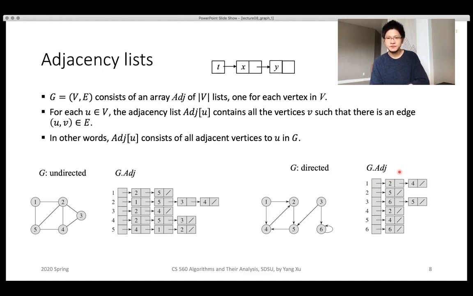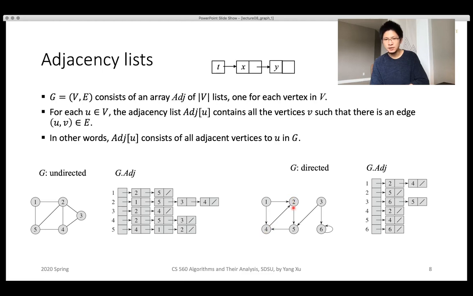But for the adjacent vertices of 2, there's only one vertex, which is 5, because the edge from 2 to 5 exists in the directed graph, but there's no edge from 2 to 1, and also no edge from 2 to 4.